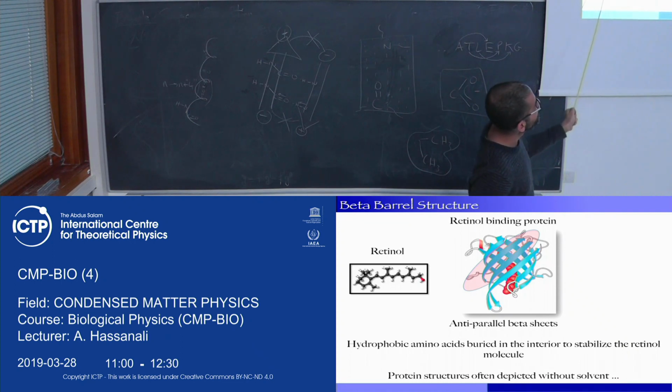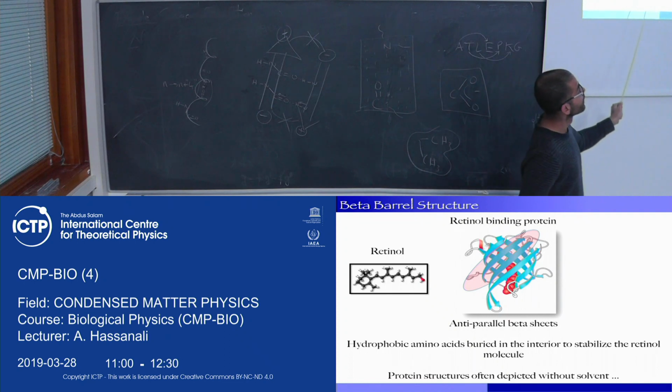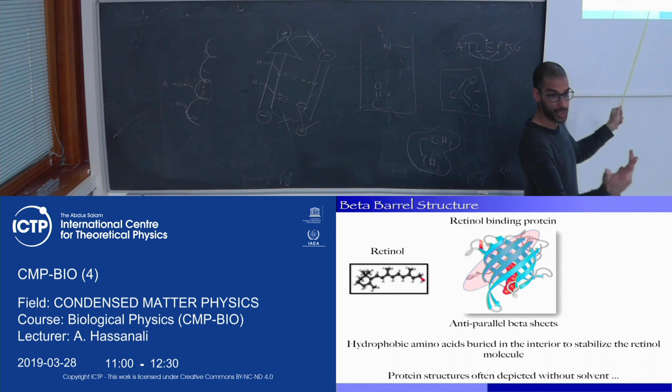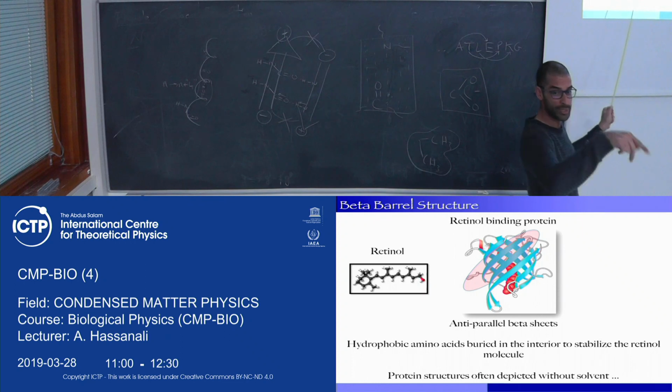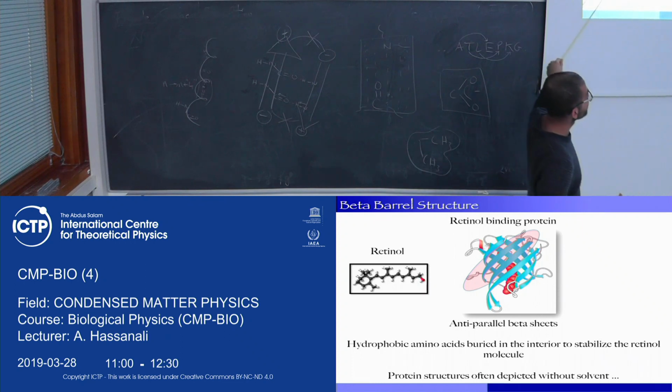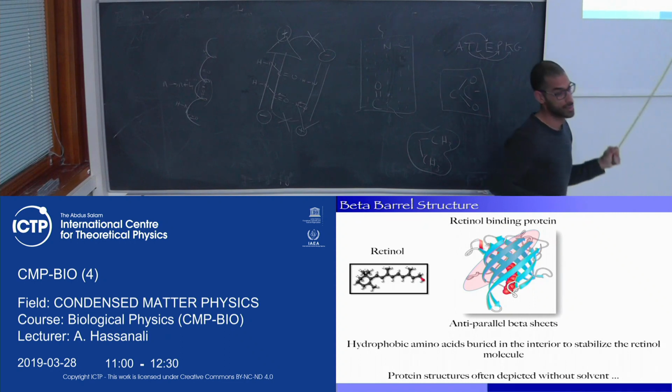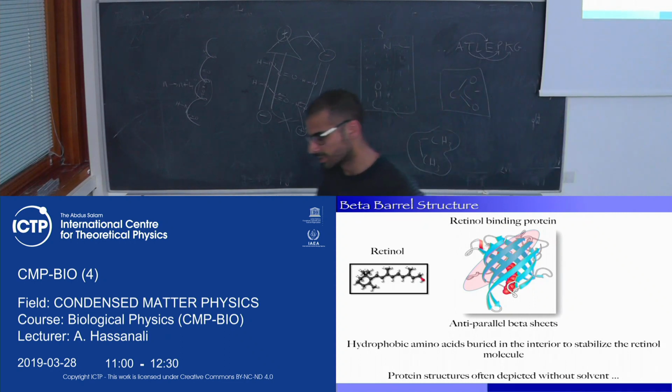Here you have a molecule that is hydrophobic, it doesn't like water because it's only made up of oily hydrocarbon stuff. By creating a beta sheet basket like this, you point all the hydrophobic groups into the center, and this stabilizes the oily retinol inside it.